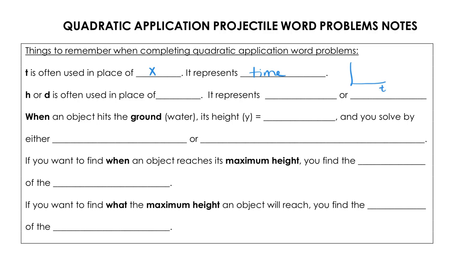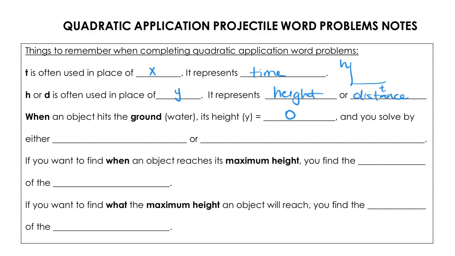And then h or d is often used in place of y, and it represents the height or distance. So it would be on the vertical axis. So when an object hits the ground or the water, its height, the y value, is always going to be 0.